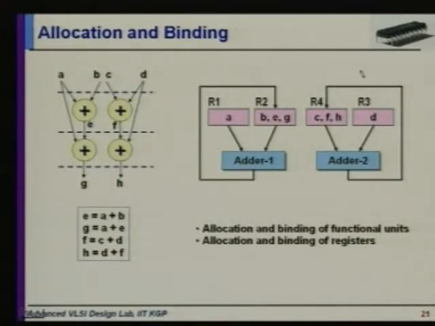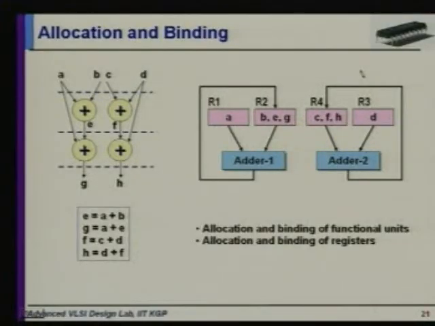The next problem is allocation and binding. So far what we were deciding is how many of those adders and multipliers we are going to need, right? The task of doing that is allocation.